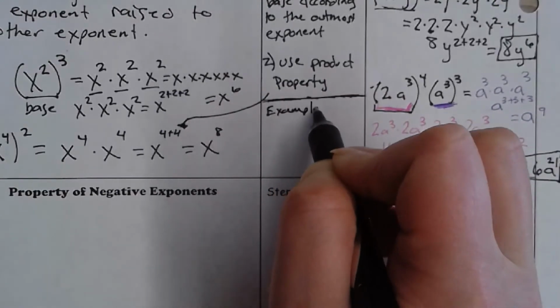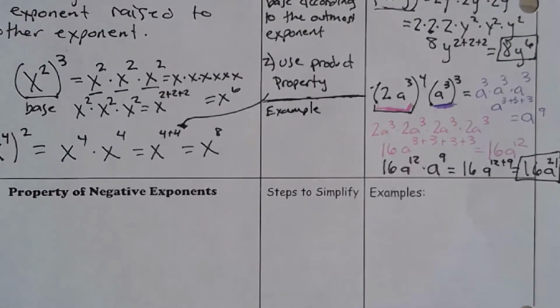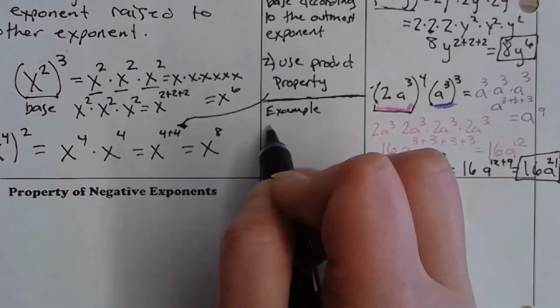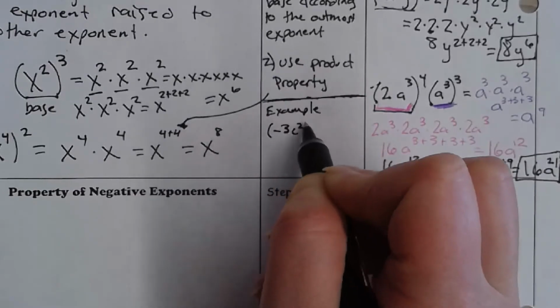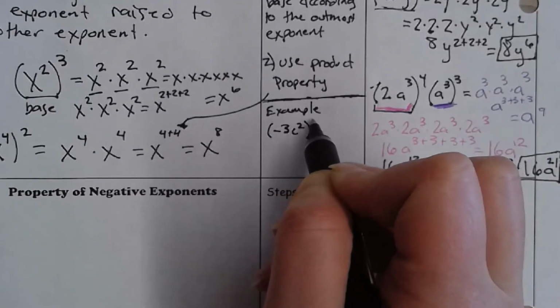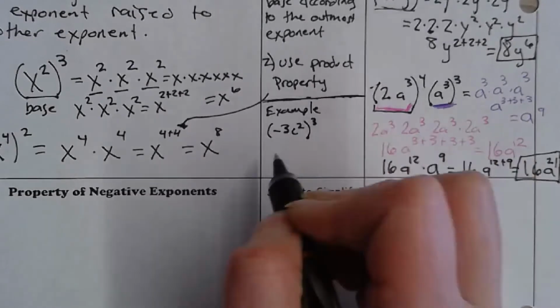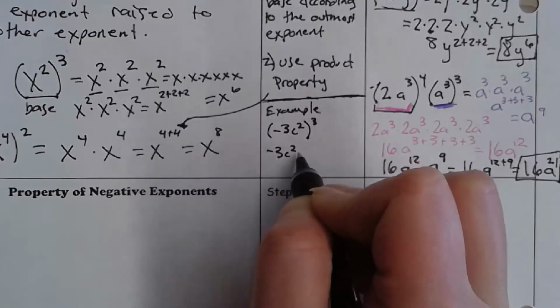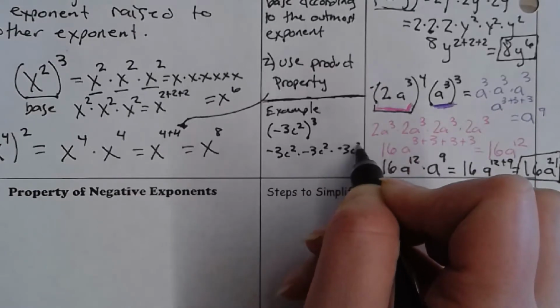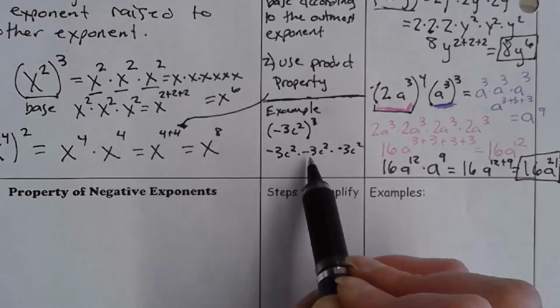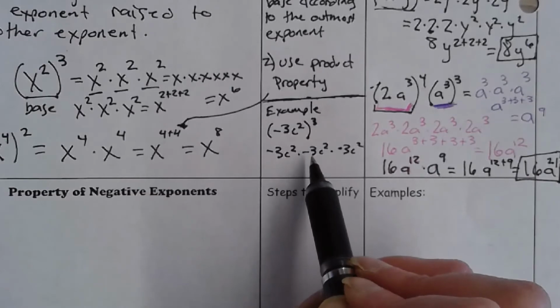I just want to look at what happens if we have a negative. So what if I had negative 3c squared to the 3rd? Well, that's negative 3c squared times negative 3c squared times negative 3c squared. We know negative 3 times negative 3 is positive 9.